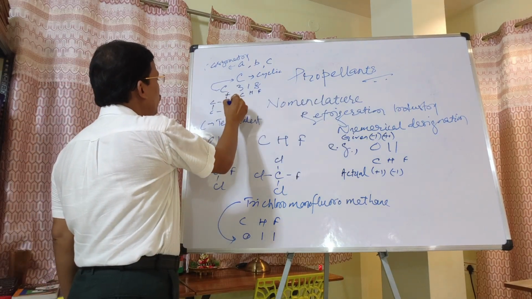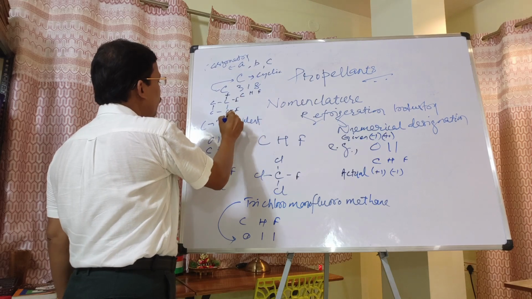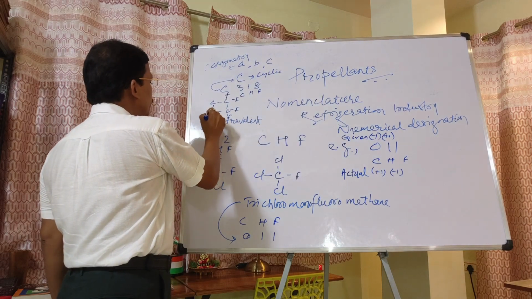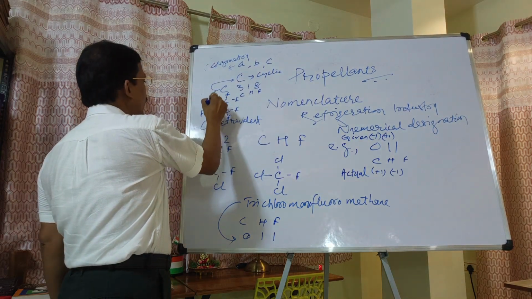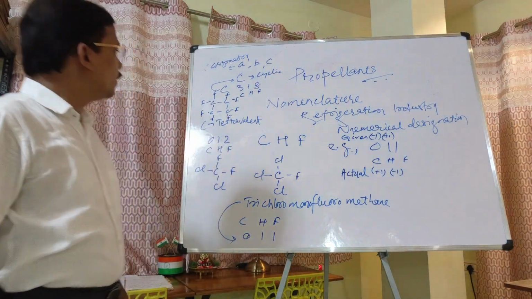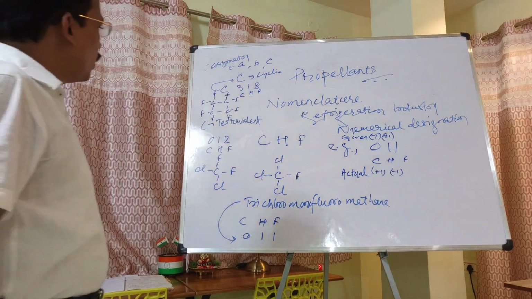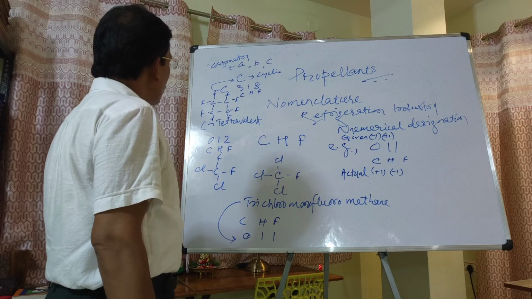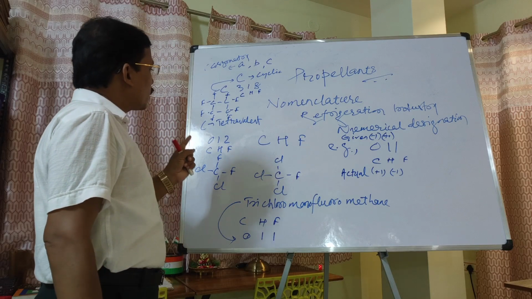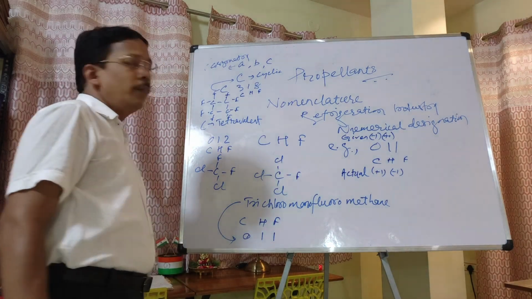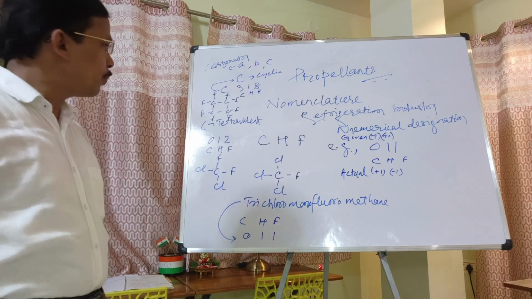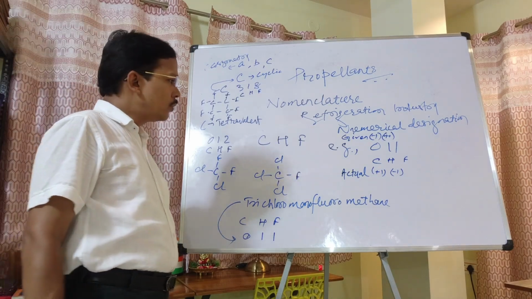So we can write fluorine to satisfy the valency of carbon. So it is octafluorobutane and cyclic structure.